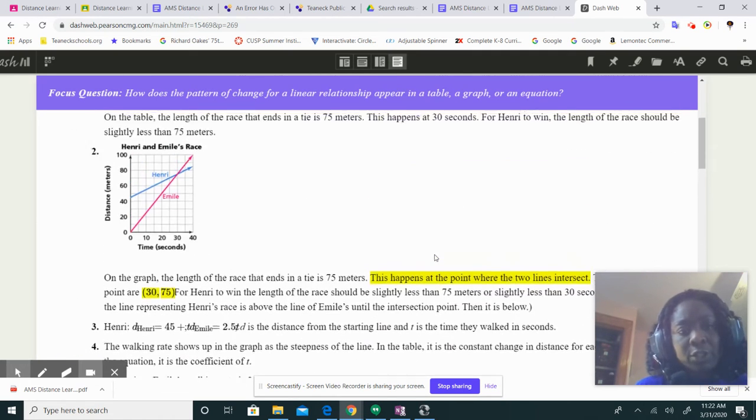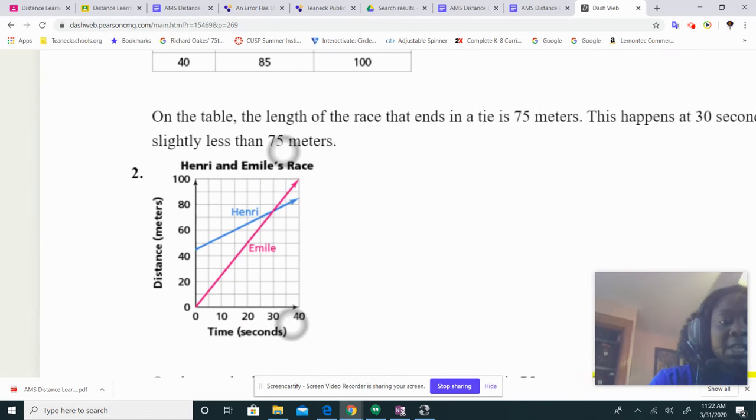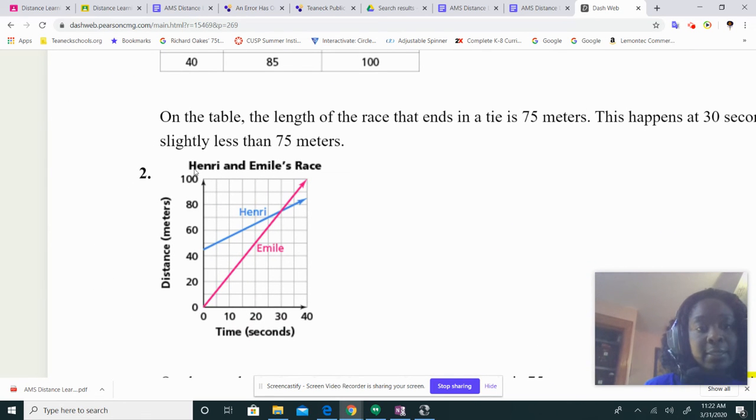Now, that's a weird question. You might think, well, Ms. Conte, what do you mean by that? Isn't this the y-axis? So where do you see Emil's at the y-axis? At (0, 0), right here. Where do you see Henri's at the y-axis? At (0, 45). Remember, he got the 45-second head start. So that's what that is.